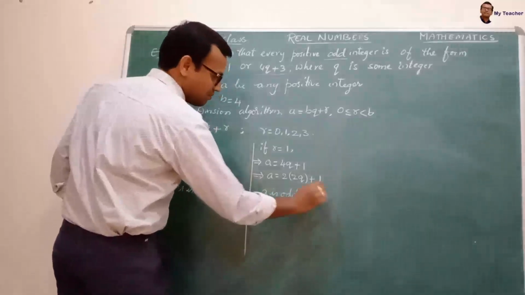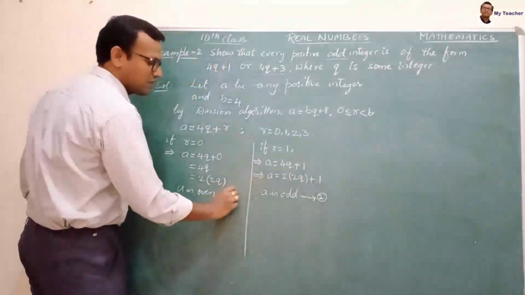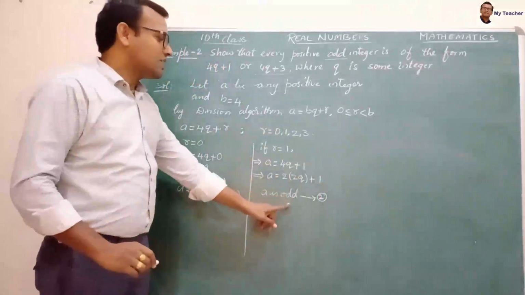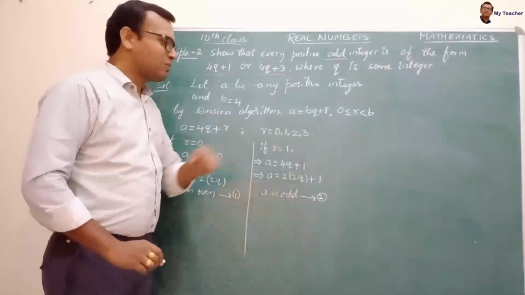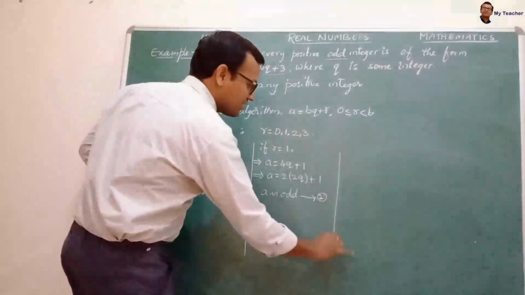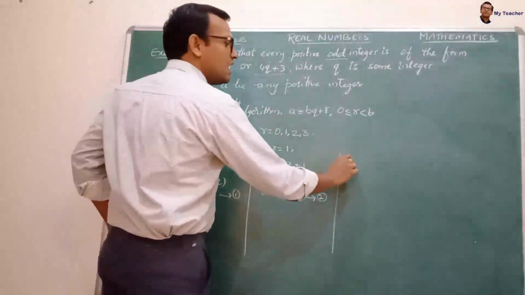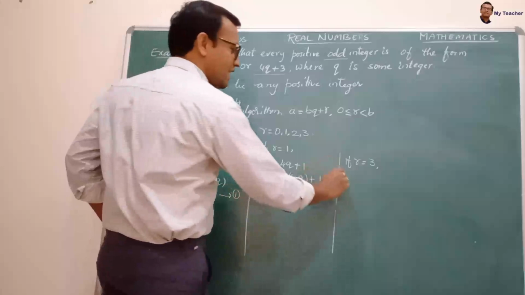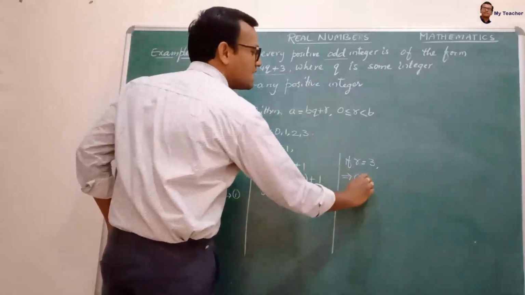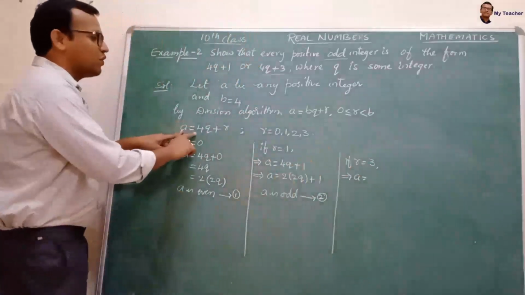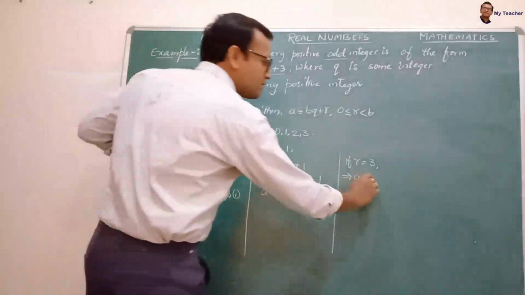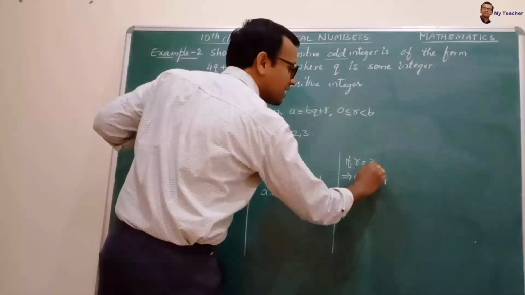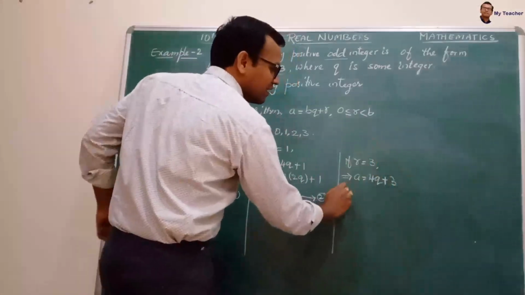Equation number 2, and this is 1. So odd is in the form of 4q plus 1. Next, the last possible value. If r is equal to 3, then a is equal to, what is a value? 4q plus r. 4q plus r value is 3.